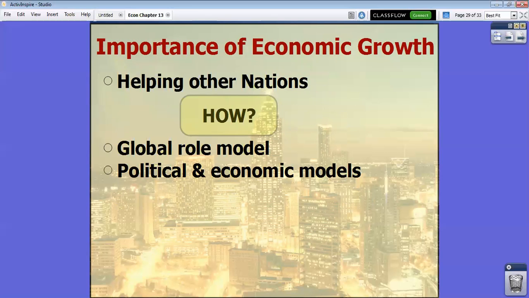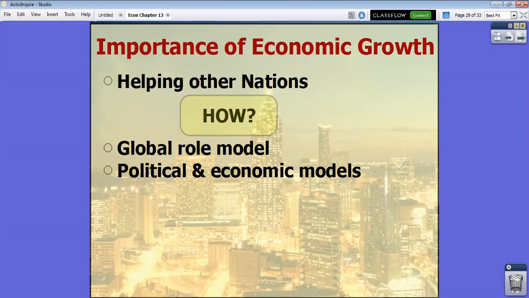If we have a growing, robust economy, we have citizens who make demands on goods from other countries, and that creates jobs in other countries. When jobs are created in another country and now you have more people with access to more money, they can turn around and then demand goods from our country. So both the United States and other countries benefit when there's economic growth in the United States.